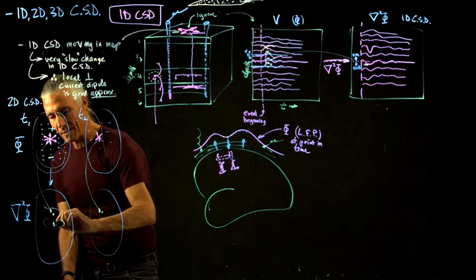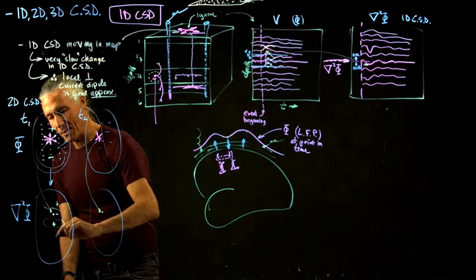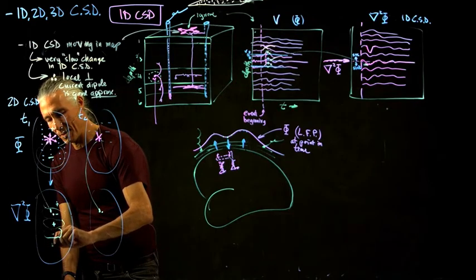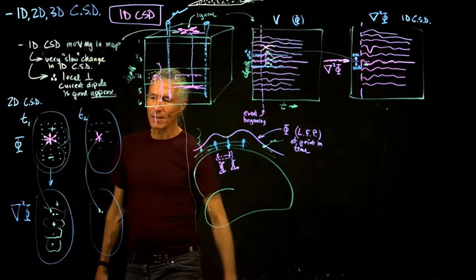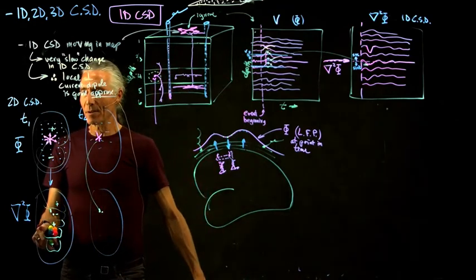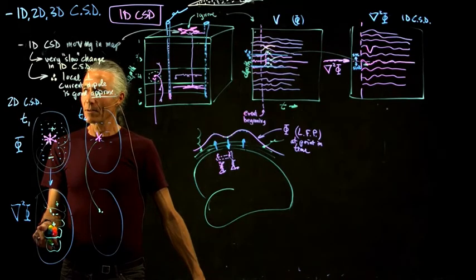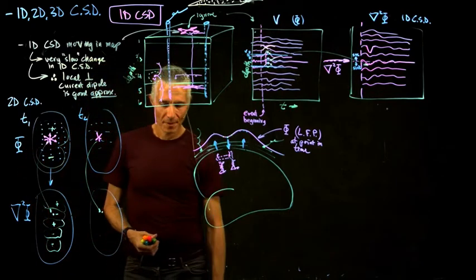So it might be positive here, current source density negative here, positive here. And you could have the same thing occurring down here, negative, positive. So you'll see a more complicated spatial pattern of current source density, a more informative pattern of where the currents are going than you would if you just look at the potentials themselves.